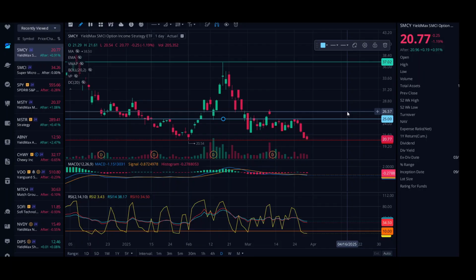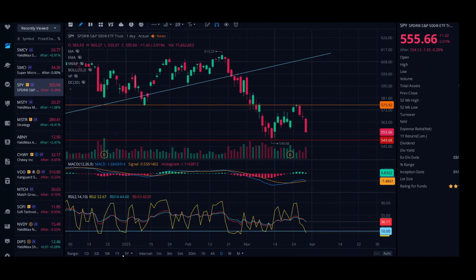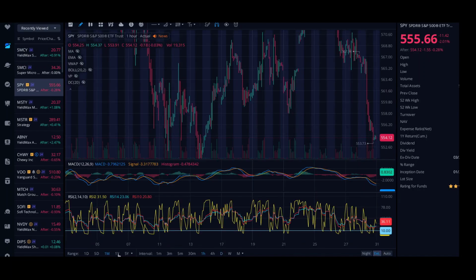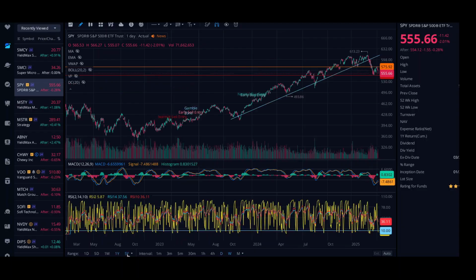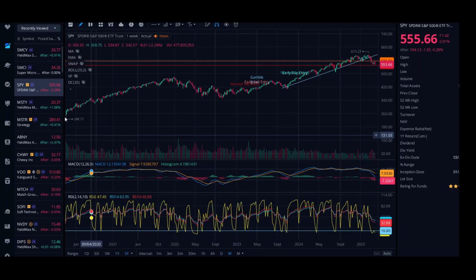But nothing is guaranteed. In my opinion, the stock market itself, like the S&P 500, which would be SPY or VOO, those will always go up. Just as an example, if I look here at SPY on a 5-year chart, it has always gone up. Now, has it dropped? Sure, look right here.